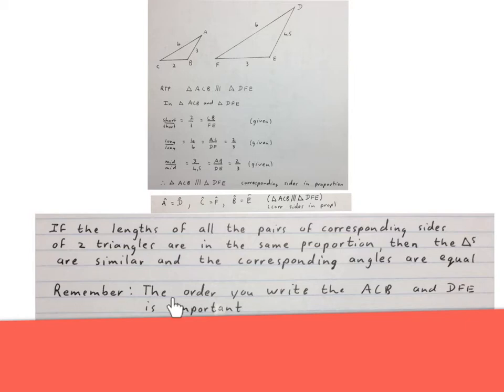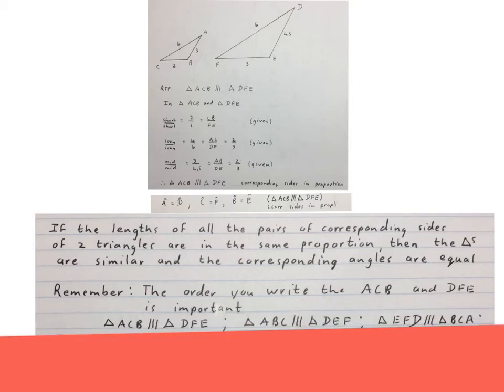Remember, the order you write the ACB and the DFE is important. It doesn't have to be 100% the same as mine, but I could have written it this way. Triangle ACB is similar to DFE. Triangle ABC is similar to DEF. Triangle EFD is similar to BCA.